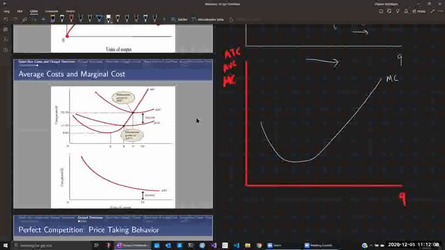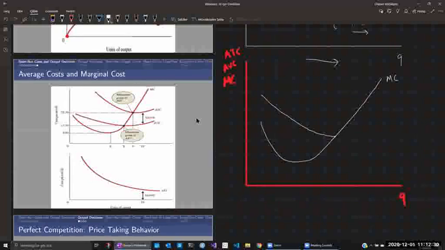Okay. So now I would like to start with average variable cost. What I know is that it should be decreasing as long as it is above the marginal cost, and they become equal exactly when the average variable cost reaches its minimum.